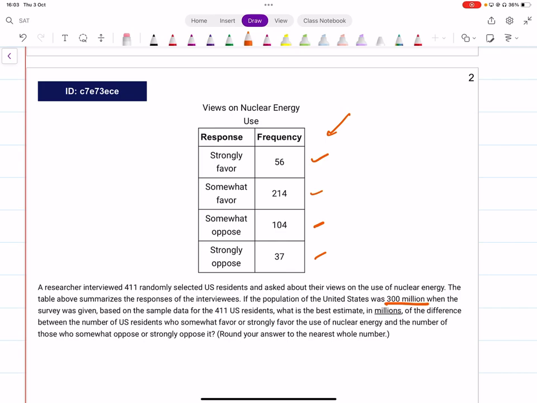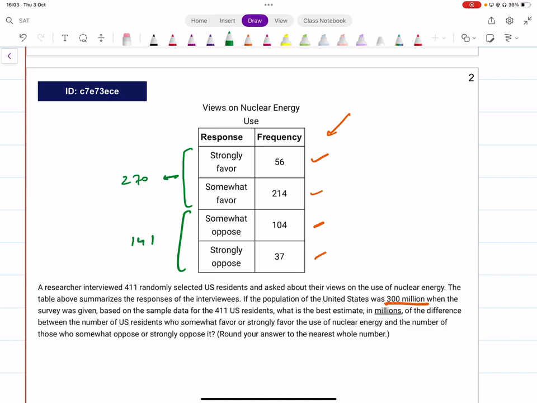Difference between these two sets of people: one set is who either strongly favor or somewhat favor, and the other set is who somewhat oppose or strongly oppose. What's the difference between them? First of all, let's calculate these totals. 56 plus 214, what's that? 270. 104 plus 37, that's 141.